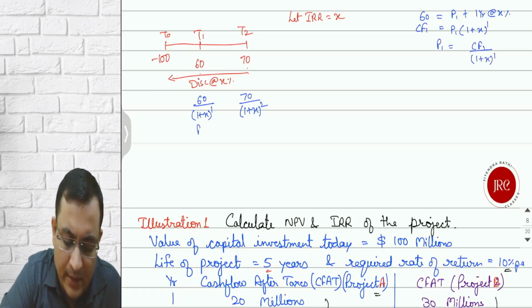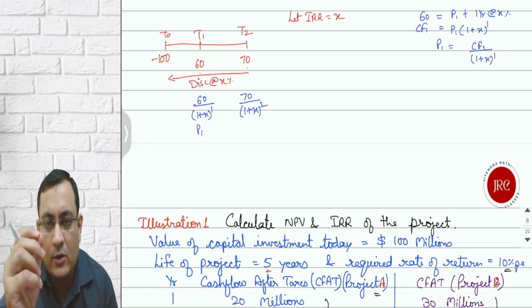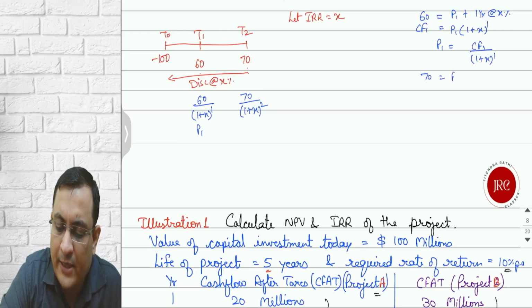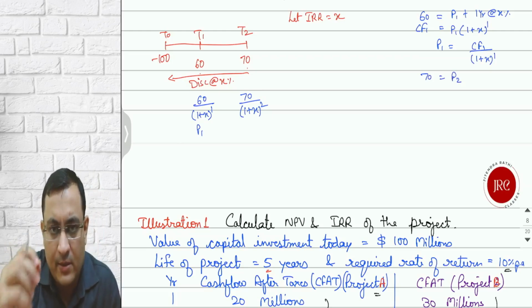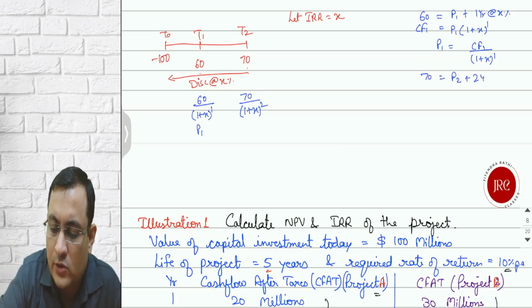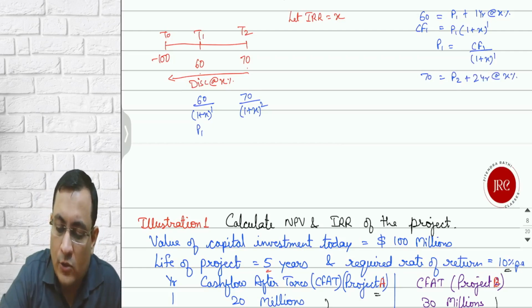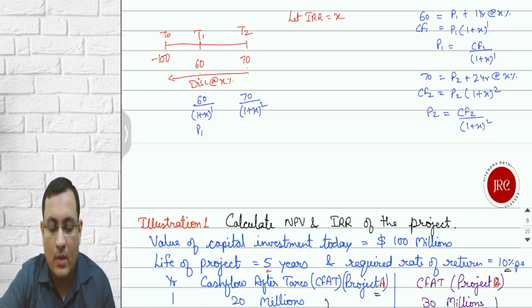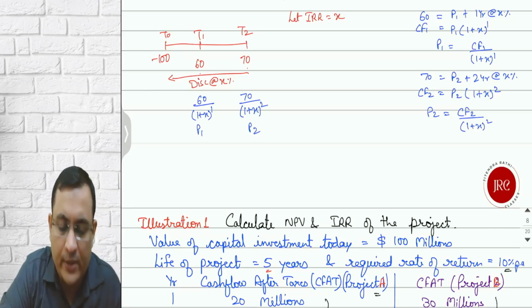So this represents my P1, some part of the principal I have already invested. 70 rupees is CF2, which includes P2, some part of principal coming back, and 2 year returns at the rate X percent on that P2. So CF2 is equal to P2 times (1 plus X) to the power 2. So P2 is equal to CF2 upon (1 plus X) to the power 2. This I have already done, so I have got the P2.